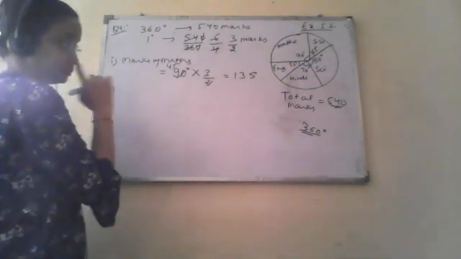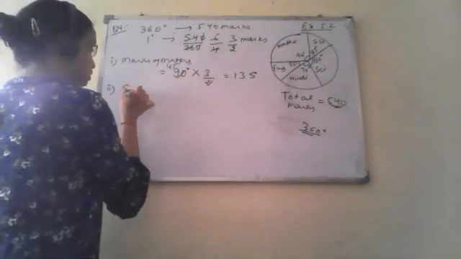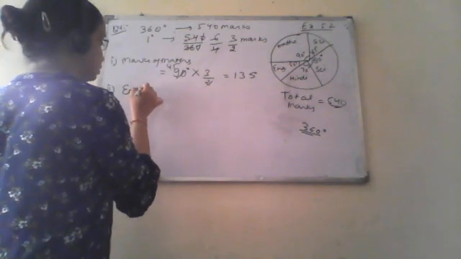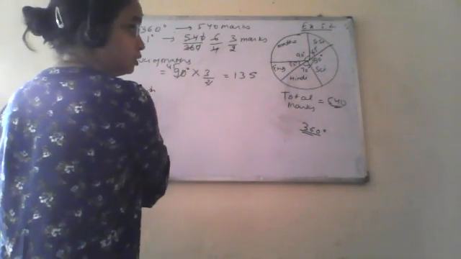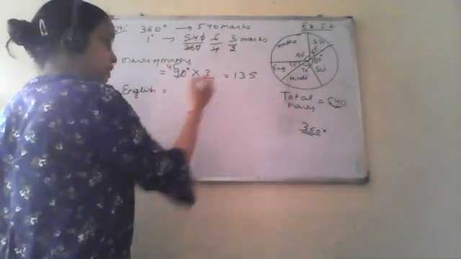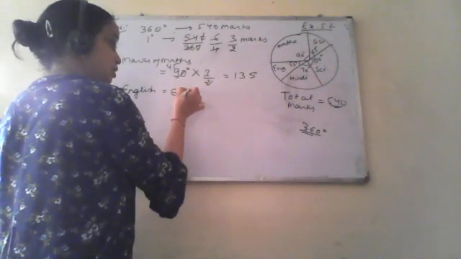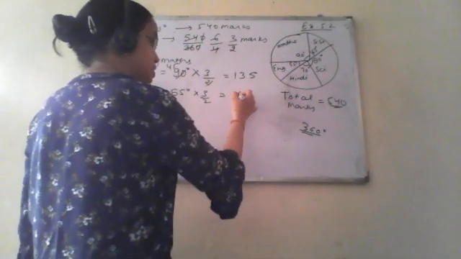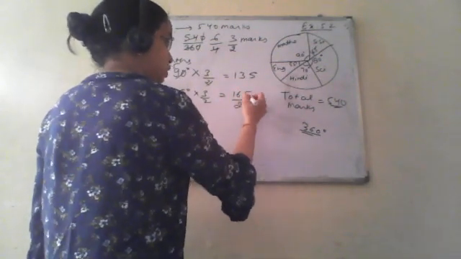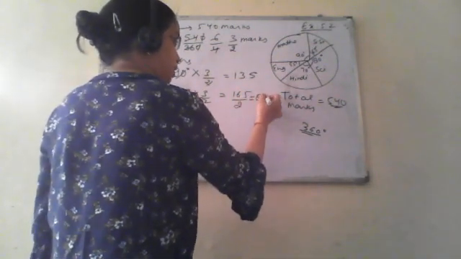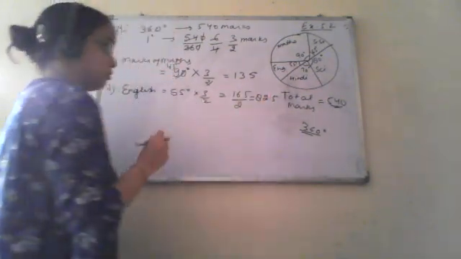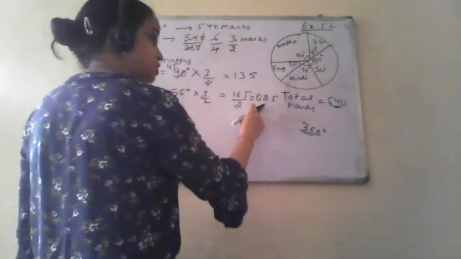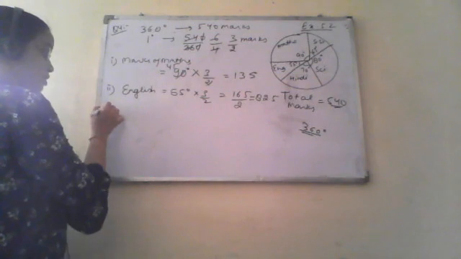Similarly, English, we will just multiply this angle by 3 by 2. It is 165 upon 2. It comes out to be 82.5 marks. For maths it is 135. For English it is 82.5.